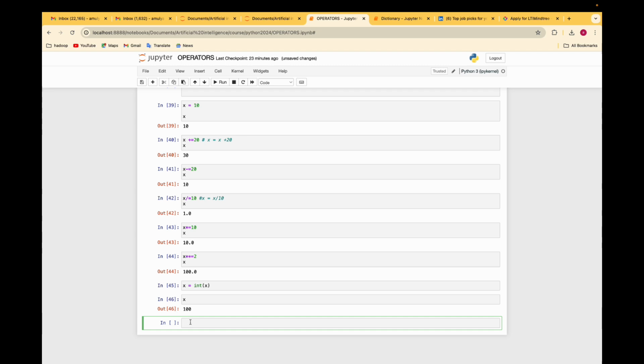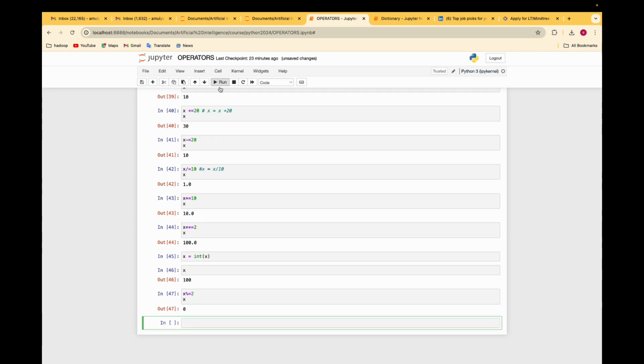And how do we do the modulo operator? x modulo equals to 2. So what do you think the value would be? It's 0, because 100 is an even number, so even numbers are completely divided by 2.